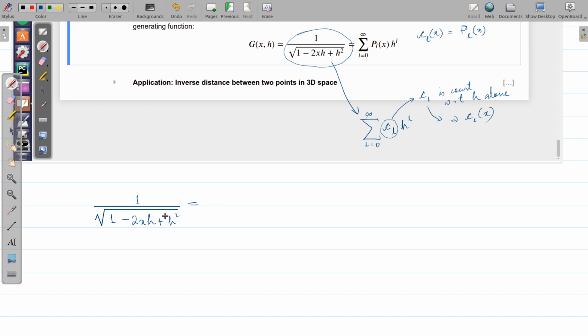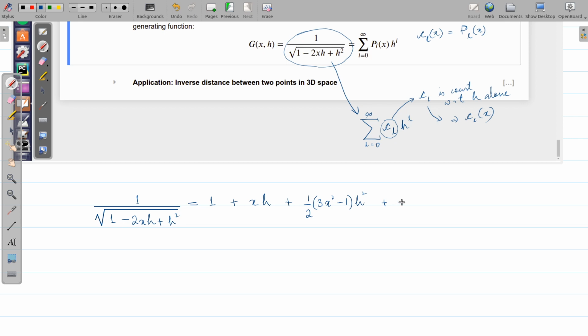What will this be equal to? If I open this up as a power series, we will get 1 times h to the power 0, then we will get x times h, then we will get 1 by 2 times 3x square minus 1 into h square.